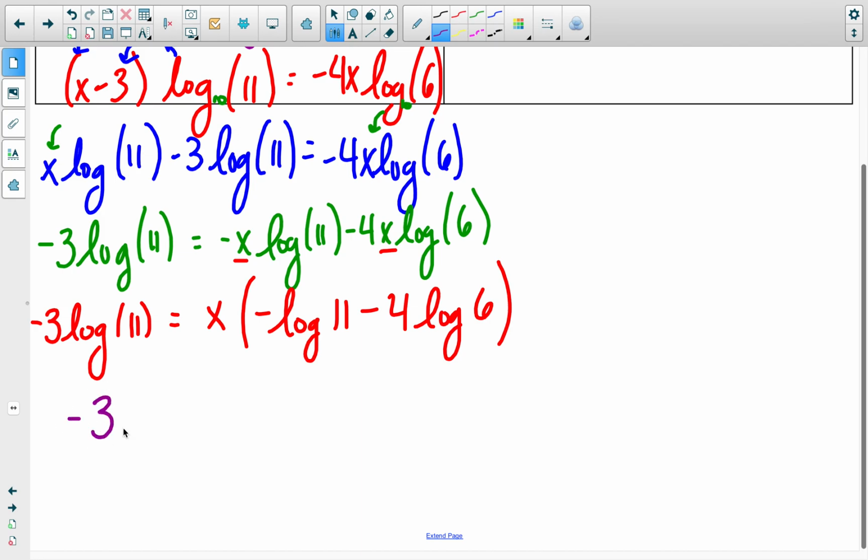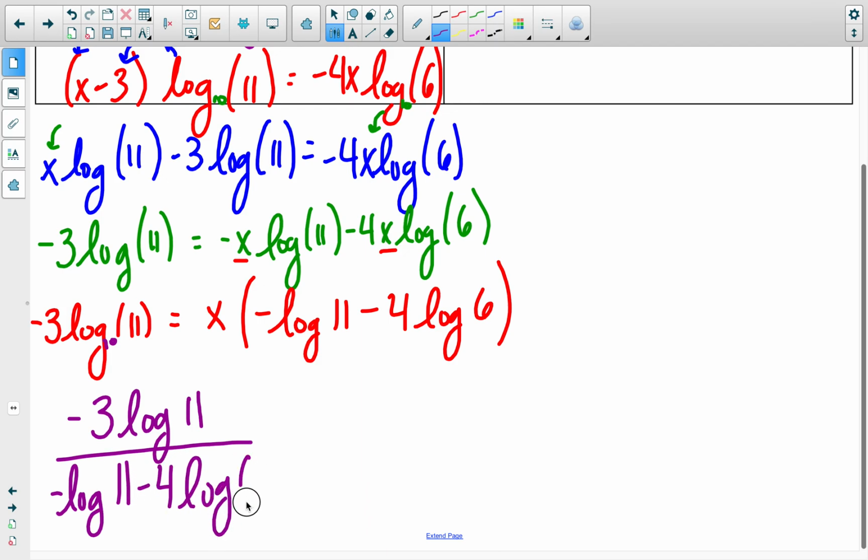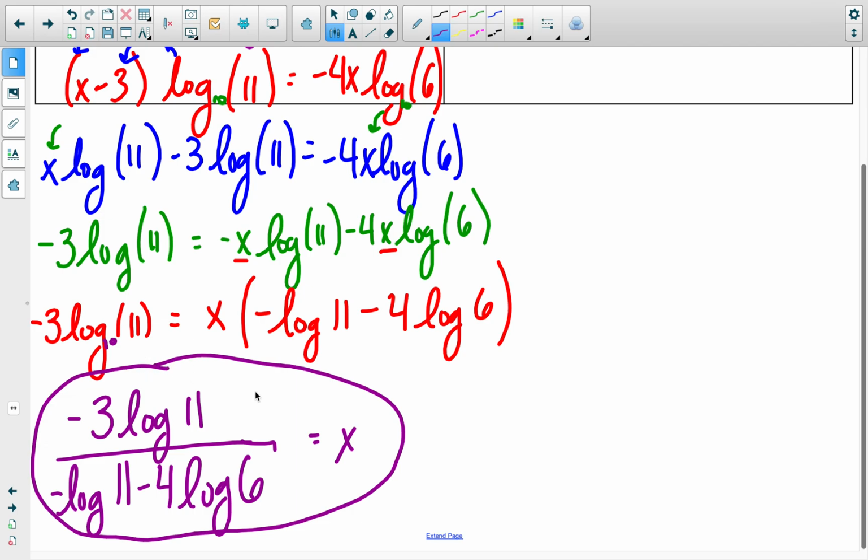The reason why you might want to do this instead of using a base other than 10 is because now we can just plug this right in using a calculator. Because this is the common log, the log base 10, it's the one that our calculator buttons are programmed to accept. That will be our final answer.